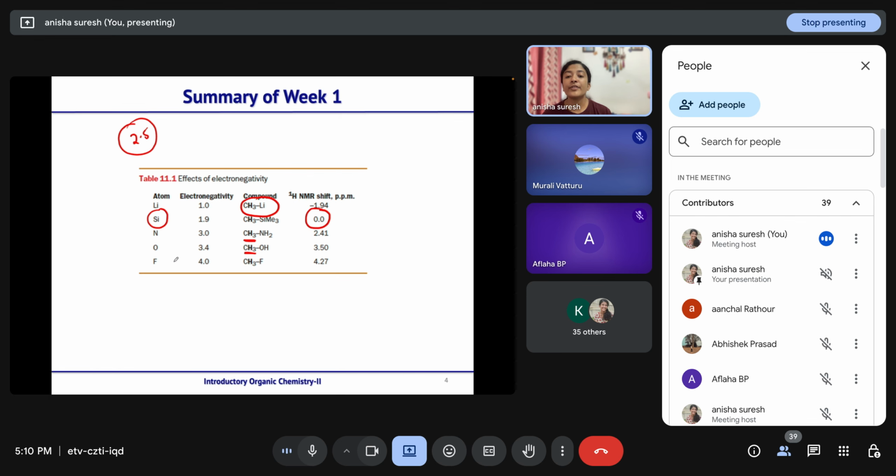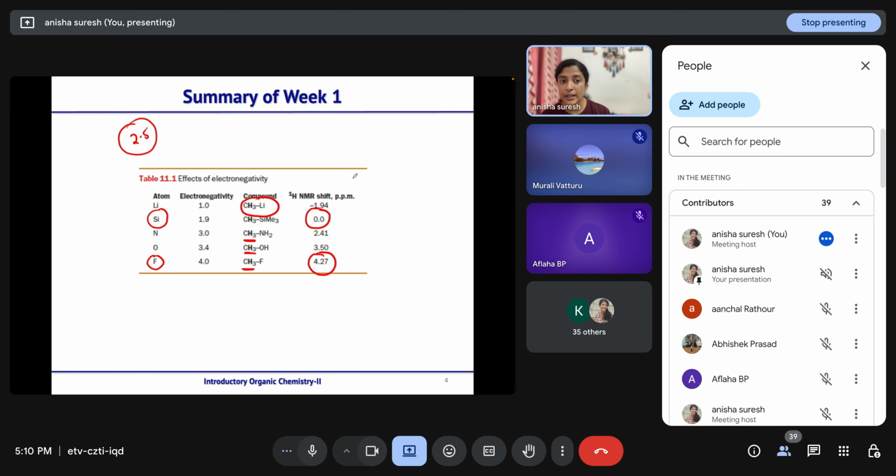And if we have fluorine next to CH3, we know that fluorine has a higher electronegativity value, around 4, and hence the proton NMR shift will also be greater, like the CH3 will be appearing in the region of 4.27.